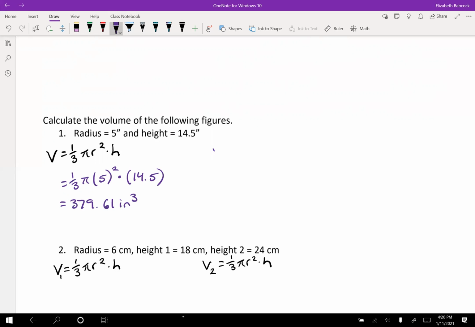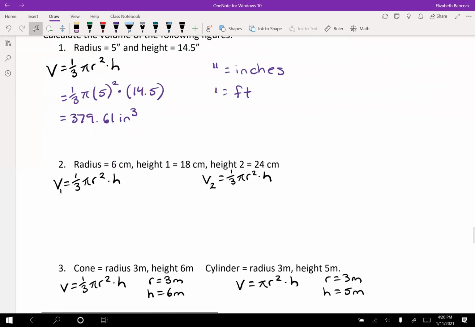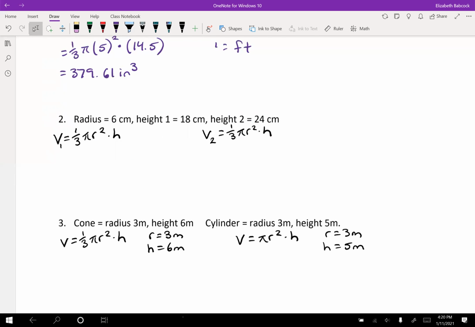Okay. Remember, apostrophe is feet, quotation mark is inches. Oh, now we have two different ones. The radius is the same, but the heights are different. Let's see how that changes.